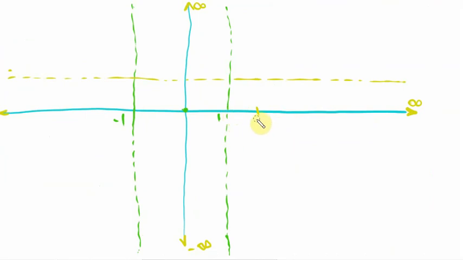So this is 1, so we'll make this one 2, make this one 3, then 4. This one is 0.5, this is negative 0.5, then minus 2, minus 3, and see what our values for y are.